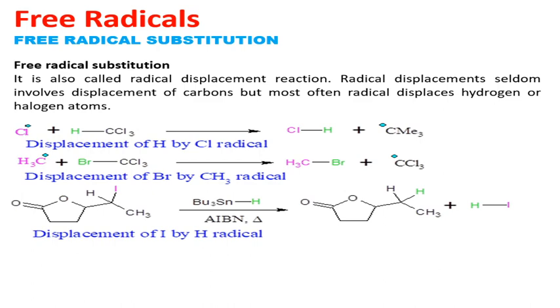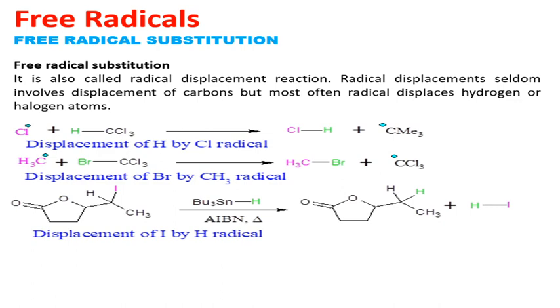In the second reaction, the methyl radical displaces bromine, and in the last reaction this iodine is replaced by hydrogen. In the last reaction, the tri-n-butyl tin radical is generated. This removes iodine and there is generation of a radical again, and this radical picks up hydrogen from the tri-n-butyl tin hydride.